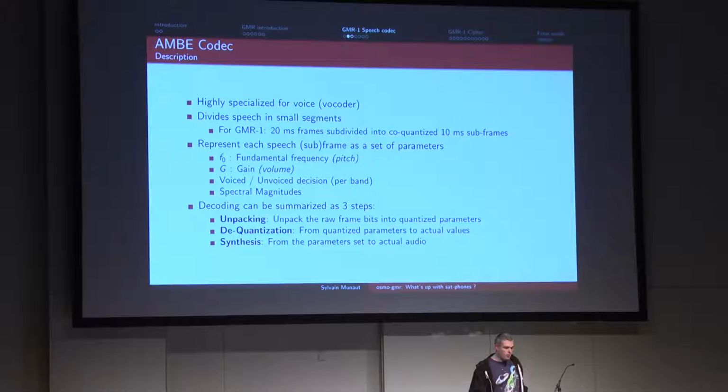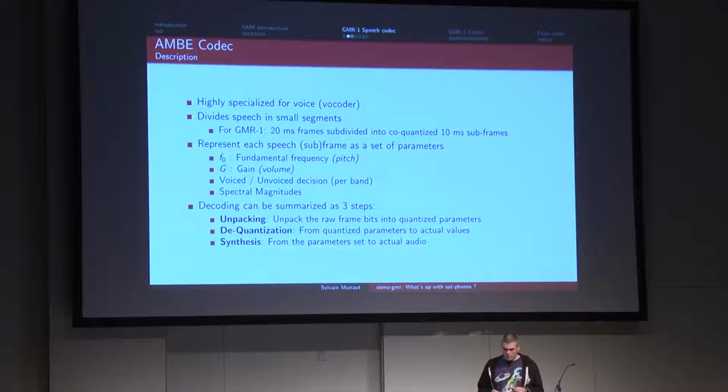And so you have those parameters, and if you want to actually play back the voice, you have to do 3 things. The first thing is unpacking, and that's taking the 80 bits of the voice frame and reconstructing the quantized parameters from it. All the parameters are not just put in order one after the other, because some of the bits in a frame will receive more error correction than others, and some of the bits are more sensitive to errors than others, so they will be placed at specific places in the frame, so that if errors do happen, hopefully they will affect something that is not too important.